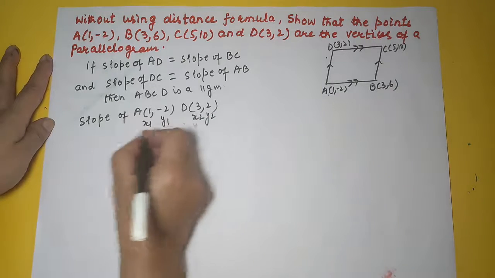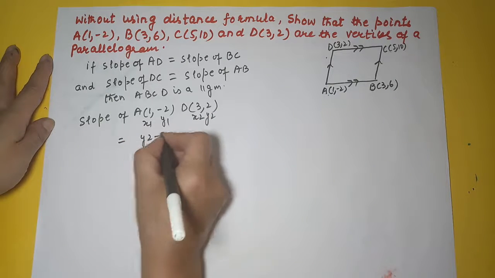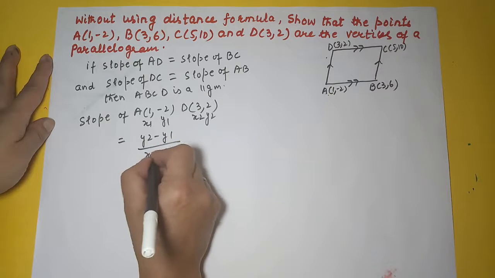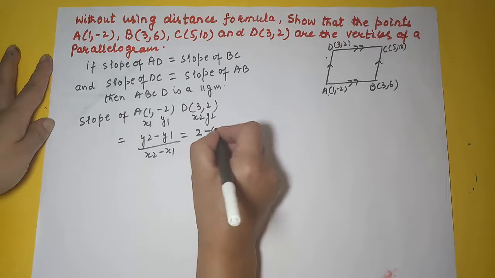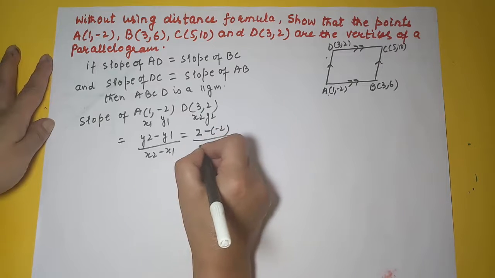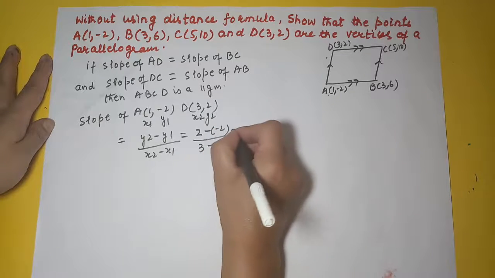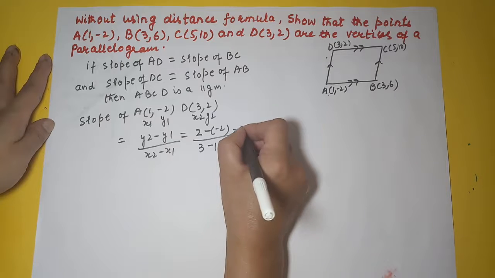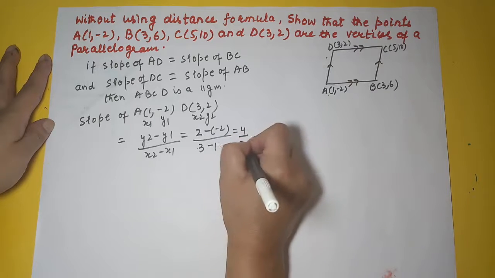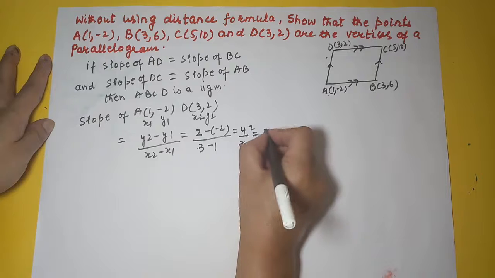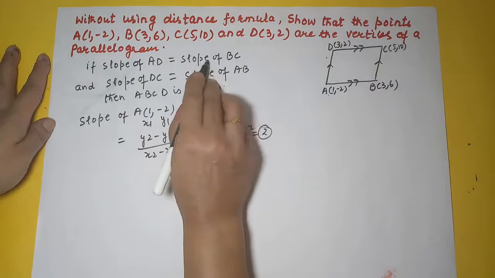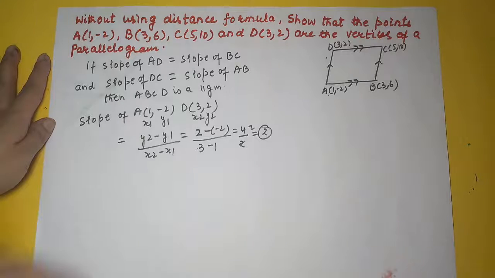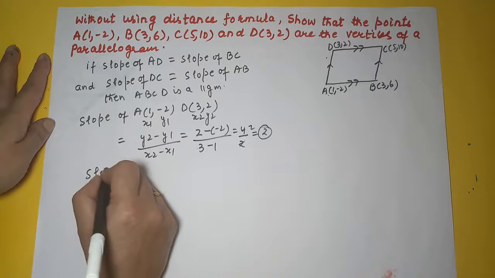So slope of AD is equal to y2 minus y1 upon x2 minus x1, which is 2 minus of minus 2 upon 3 minus 1. So this becomes 2 plus 2 is 4 by 2, which is 2. So you have calculated the slope of AD. Now this should be equal to the slope of BC. So let's calculate the slope of BC now.